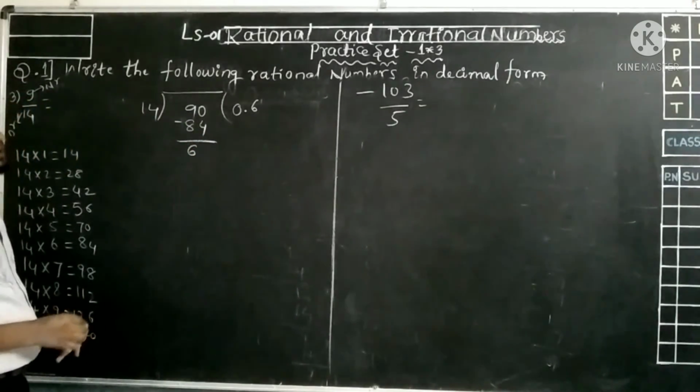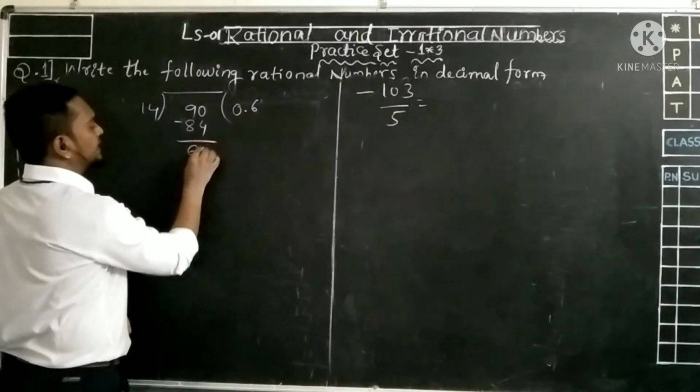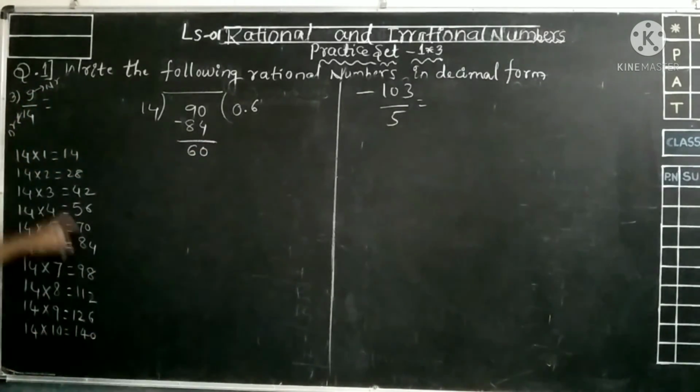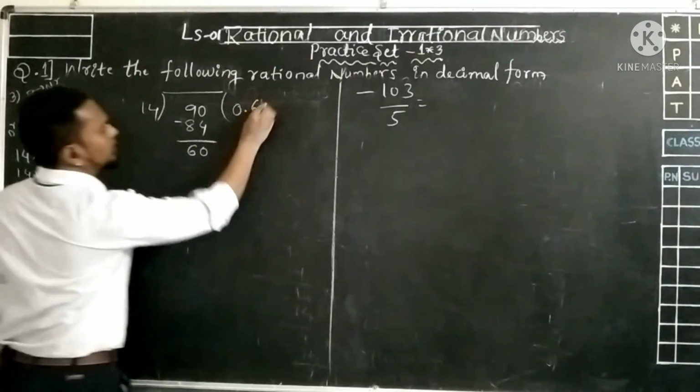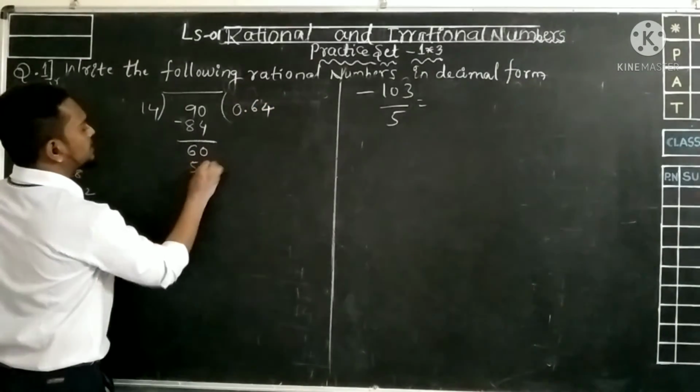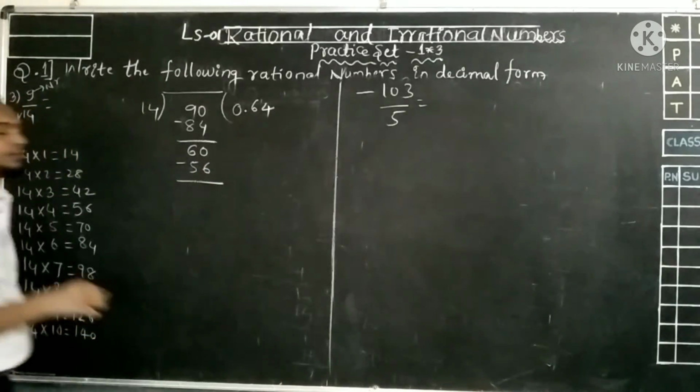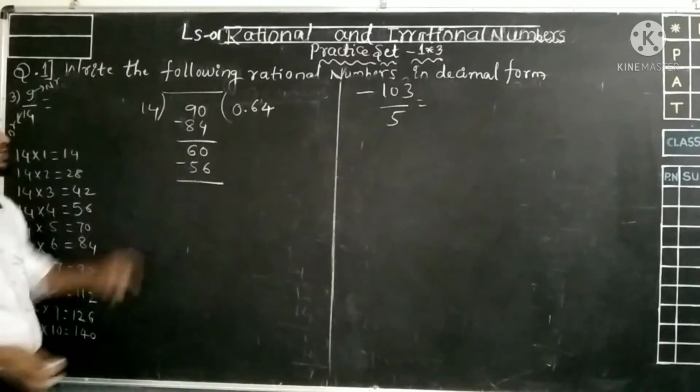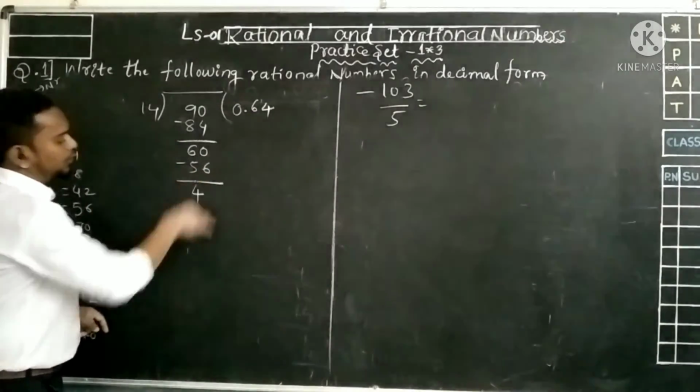Again, we will put a decimal point, that is 0. 60 is not in the 14th table. Now we will take 14 4s are 56. 60 minus 56 is 4.